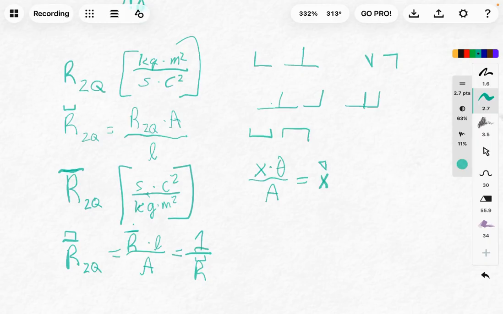Although this might be a little too easy, I just realized. Let's go for something a little bit more complicated. X times a length per a volume. And so X per volume is this, times the length would be this, so your times length over volume.